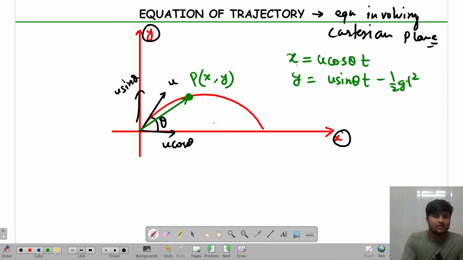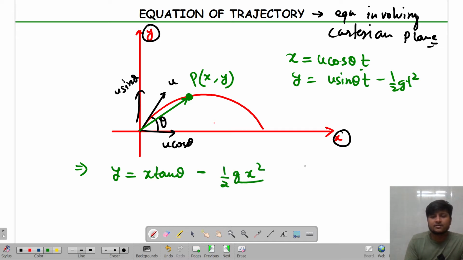Now we know that this time t can be written as x by u cos theta, and from that I will get y is equal to x tan theta minus half g x square by, try to understand, if I put t is equal to x by u cos theta here, it will be x square by u square cos square theta.